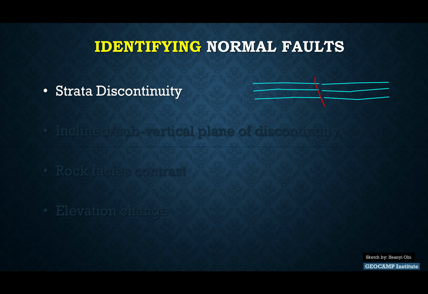That's especially so if one block seems to have moved down relative to the other, and then you can infer that potentially you have a normal fault movement in that area.